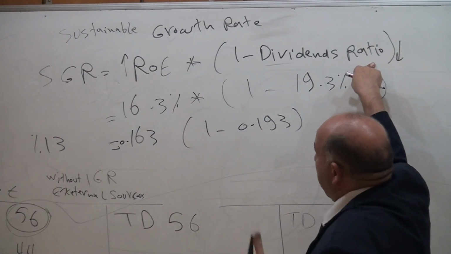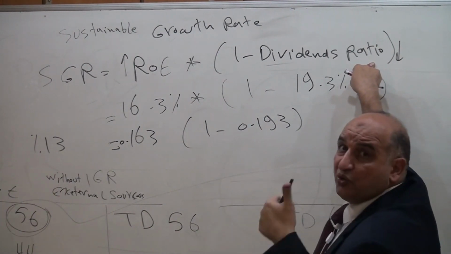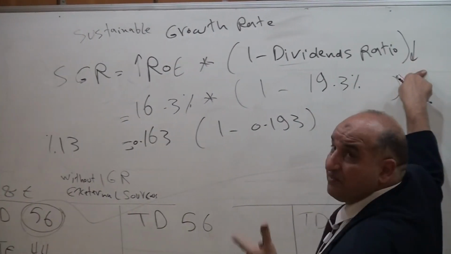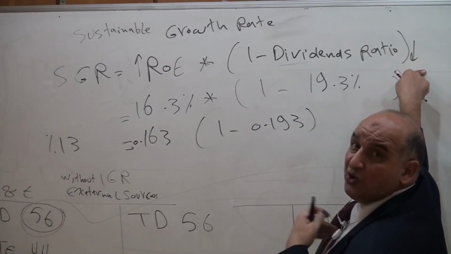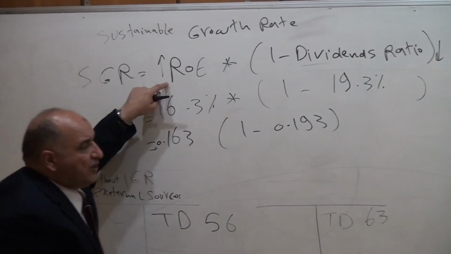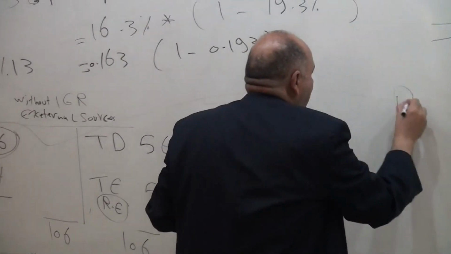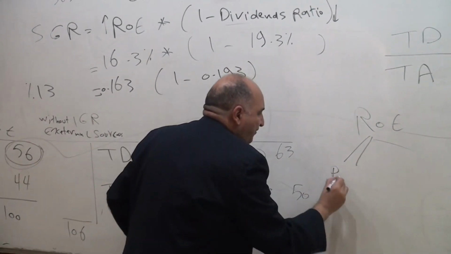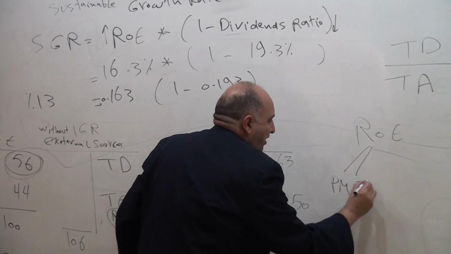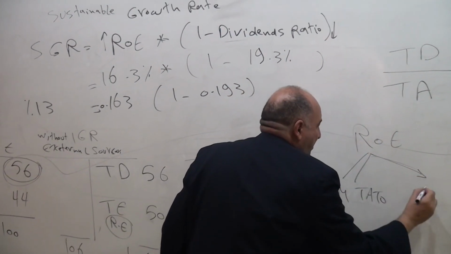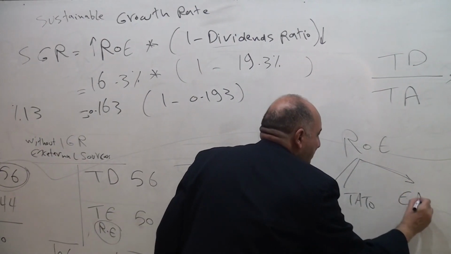We can increase the sustainable growth rate by increasing ROE and decreasing the dividend ratio. I highly recommend that instead of saying ROE you say, because as you know ROE according to Dupont is profit margin multiplied by total asset turnover multiplied by equity multiplier.